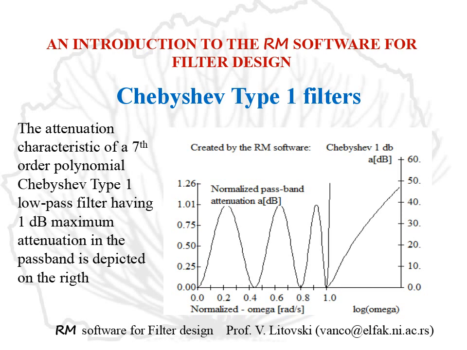Here is one example where the attenuation characteristic of a seventh order polynomial Chebyshev type 1 low-pass filter having 1 decibel of maximum attenuation in the passband is depicted.